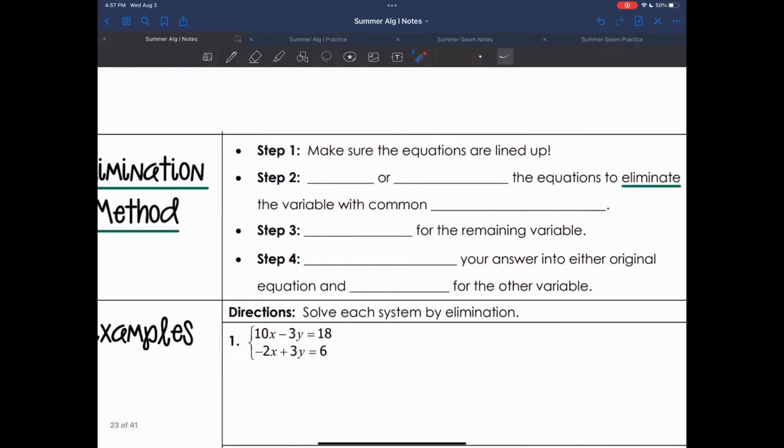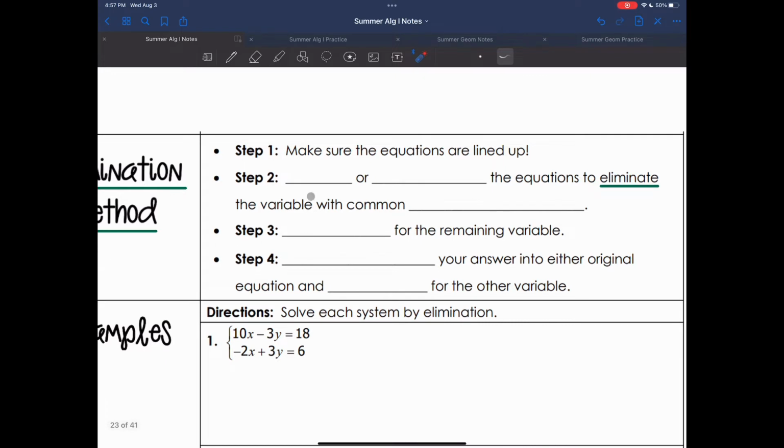Step number 2 is the big one. You are going to decide whether you add or subtract your equations. Let's fill that in first. We know we're going to add or subtract. Add or subtract the equations to eliminate, that's where that word comes from, the variable with common coefficients.